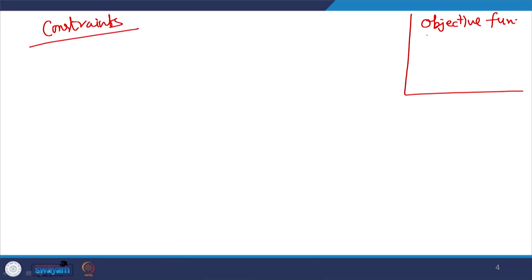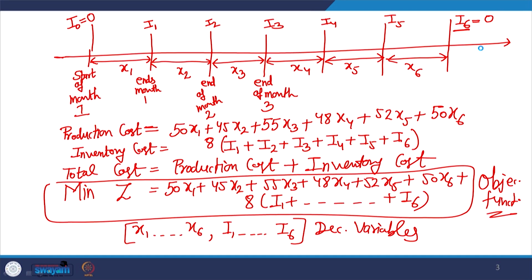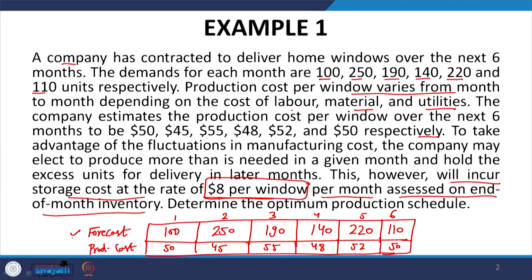In this case it is a minimization function, and this objective function is subject to some constraints, the boundary lines on the basis of which you will develop the model. Otherwise, in a minimization problem the minimum cost will be 0. If I do not produce anything, the cost will be 0 and that is the best solution, but that cannot be, because I have to fulfill certain conditions also. One condition we already know, that we have to meet these forecasts: 100, 250, 190, 140, 220, 110.